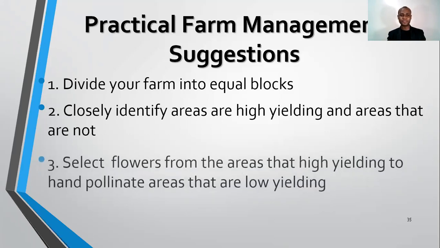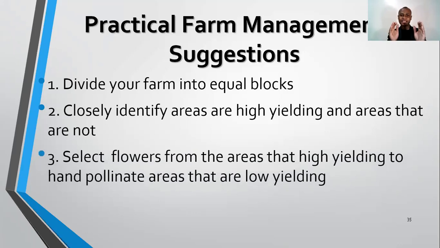If you're able to do that, number 3, select flowers from areas that are high yielding to hand pollinate areas that are low yielding. What you are going to do is transfer flowers from plot A to plot B, in case plot A bears more fruit than plot B. So you are helping in the process of cross-pollination.